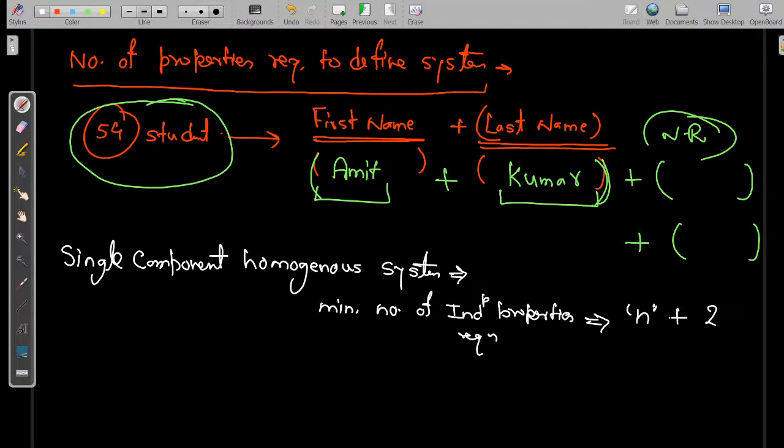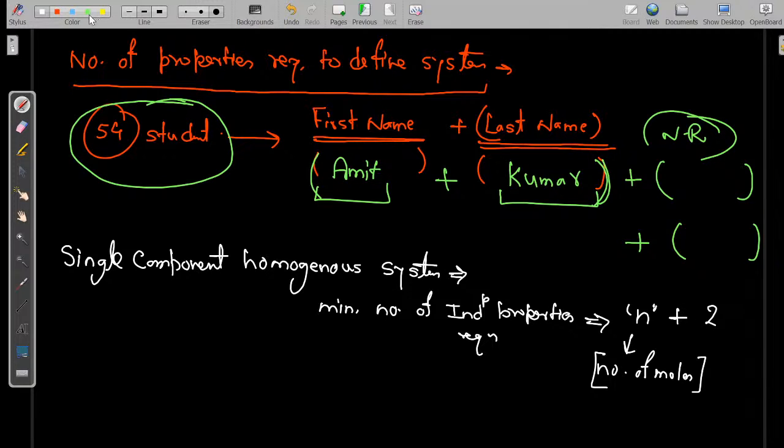N, there is no variable, n is number of moles. Okay, plus any two another properties of the system.